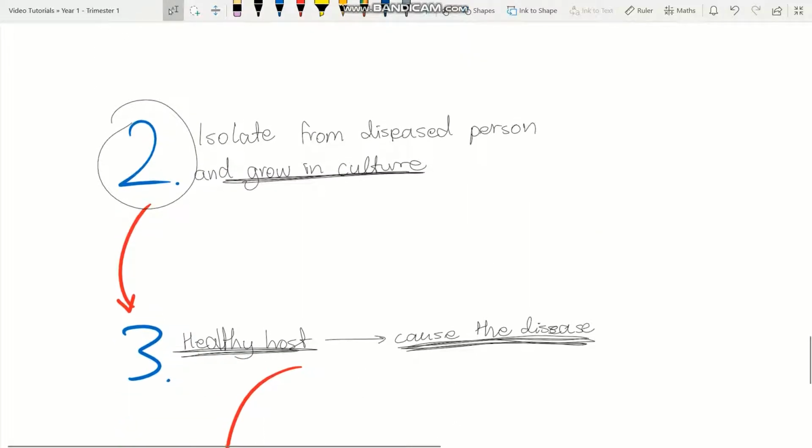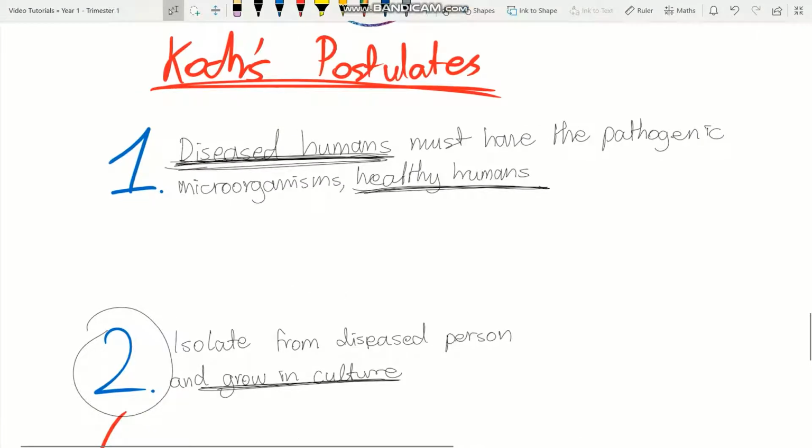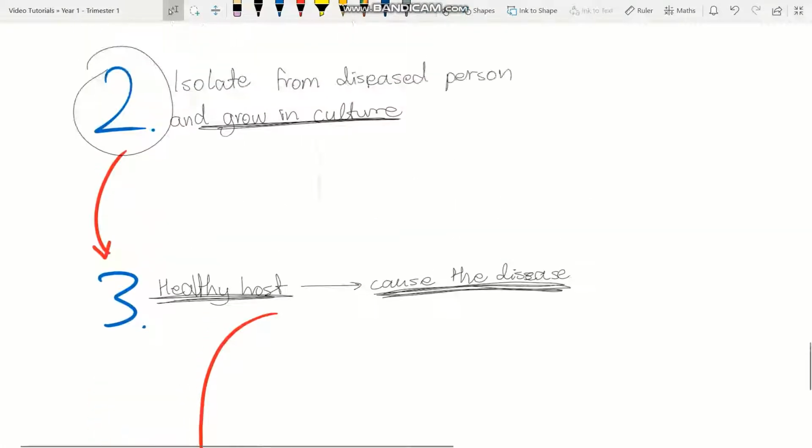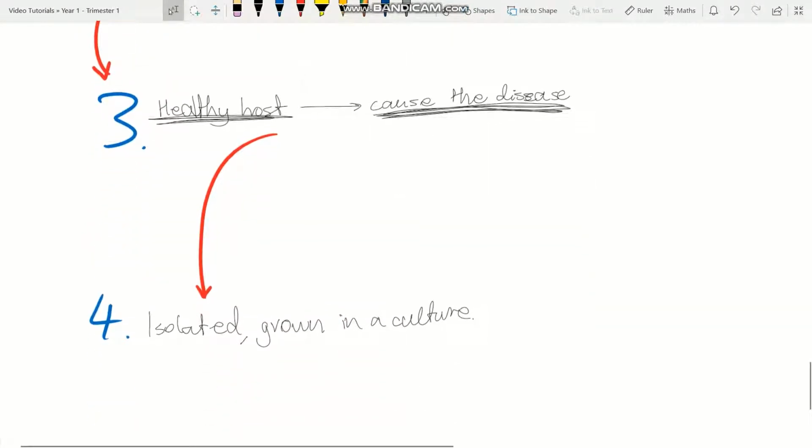Okay, so to go through all of them once again, the microorganism should be taken away from a diseased human and not be present in healthy humans. It should be isolated from these diseased humans and grown in a culture. Then, this isolated organism must be introduced to a healthy host, and cause the same disease to occur.